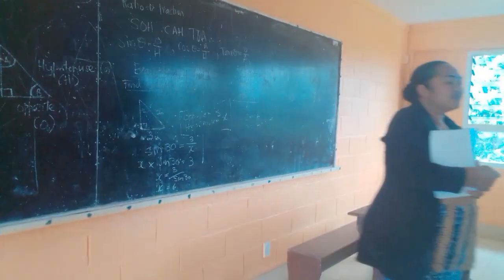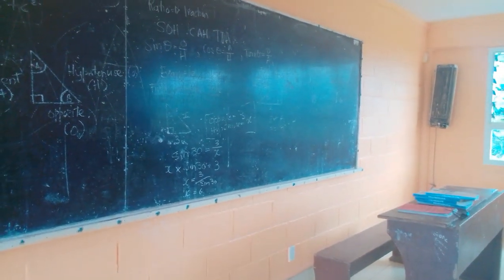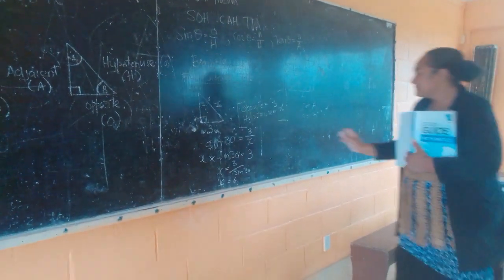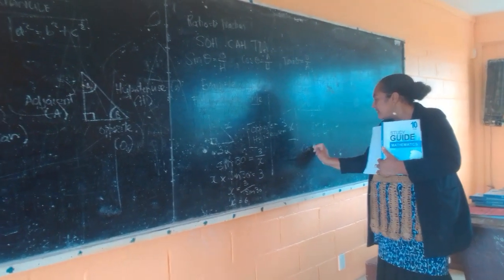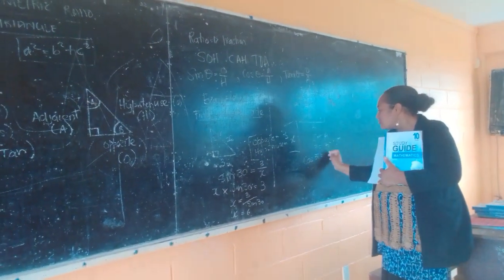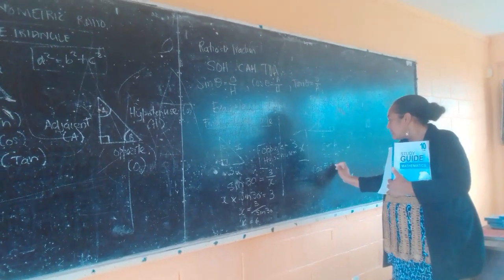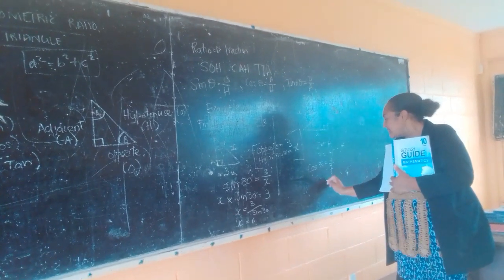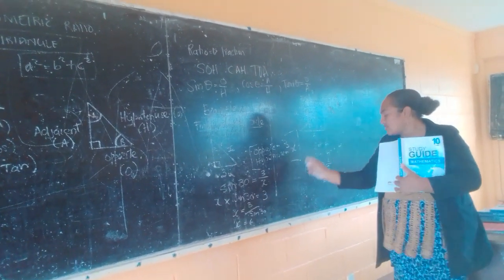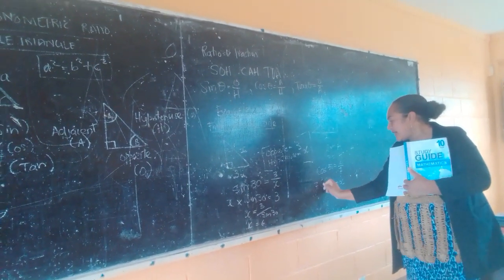Which trig ratio are we going to use? Cos. Right? Your ratio, cos of 56 is equal to adjacent over 7. So x is equal, 7 is divided, go there to multiply.